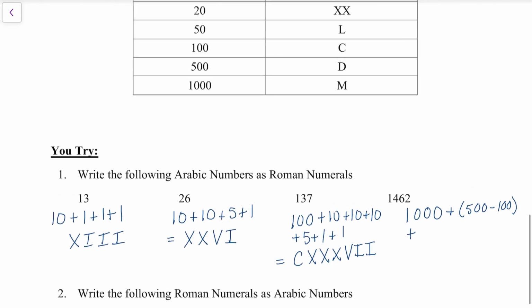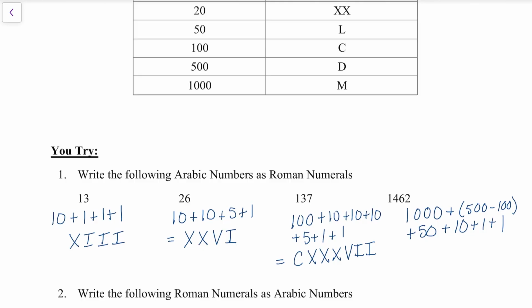I can do a 50 plus 10 plus 1 plus 1. So to get to 1,000, I can use my 1,000. To get to 400, I'm going to have to do 500 minus 100. And then to get to 62, I'm going to do 50 plus 10 plus 1 plus 1.